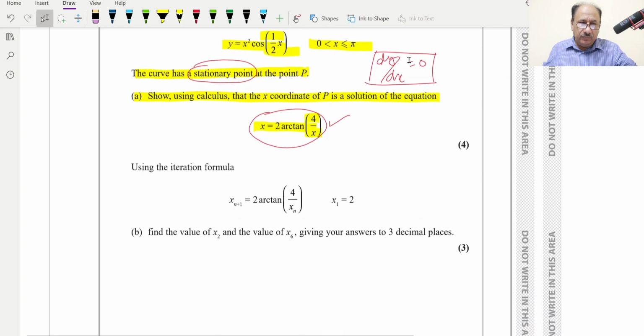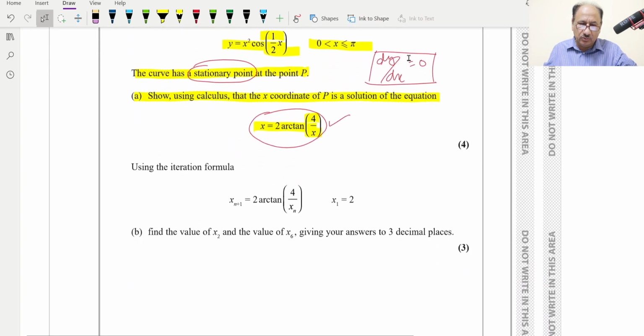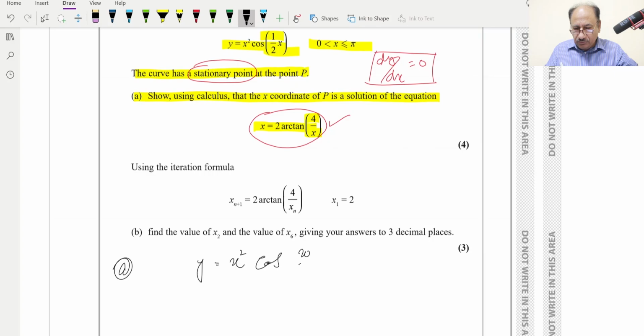So for part A we will be solving the given equation y is equal to x squared cos of x by 2.